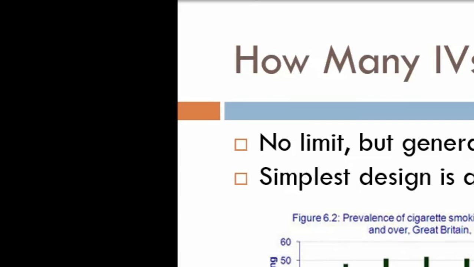So we don't look over here to figure out the other independent variable. We instead look over here on the legend to figure out the other independent variable. Or we could just count up the number of bars. But here's the legend. So our other independent variable has 1, 2, 3, 4, 5, 6, 7 levels. So we have 2 independent variables, one with 6 levels and one with 7 levels.